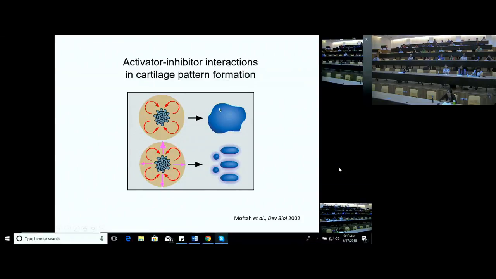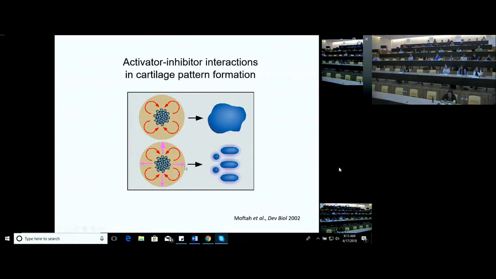nodule of cartilage. But if at the same time the activator induces the production of an inhibitory molecule, and the inhibitory molecule diffuses away faster than the activator does, then you get this repeating pattern where you have centers of activation, condensation, chondrogenesis separated by spaces that are inhibited from undergoing this process.